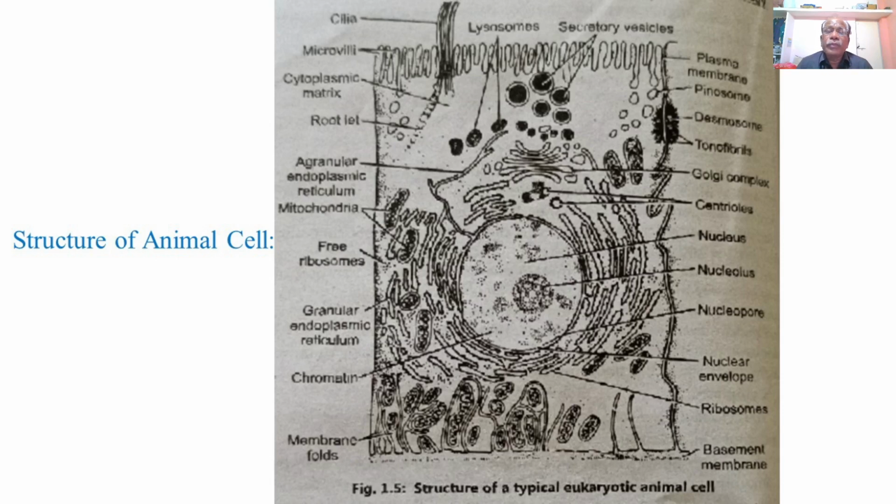Then, at the apical ends of animal cells there may be microvilli or cilia, and towards the base of the cells there is a basement membrane, which also has membrane folds. So these are the various cell organelles, and food vacuoles, secretory vesicles, or secretory granules are also present in the cytoplasmic matrix.